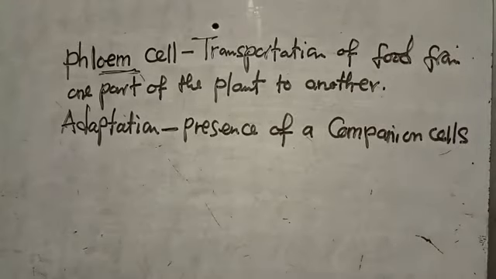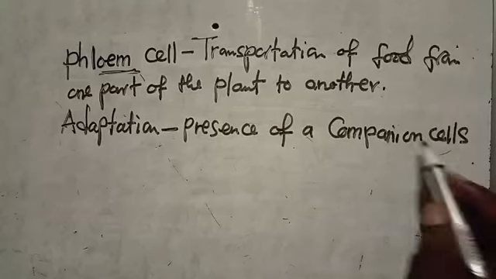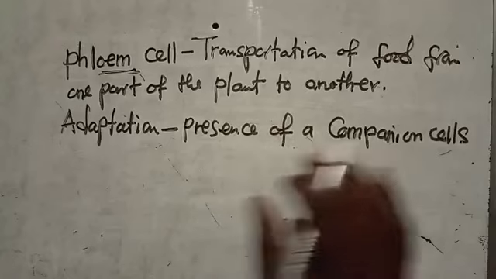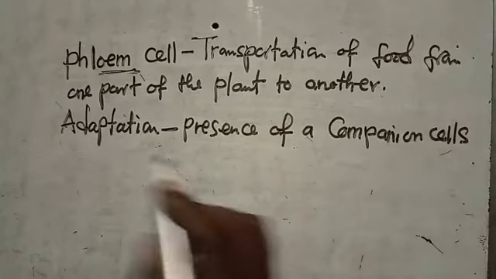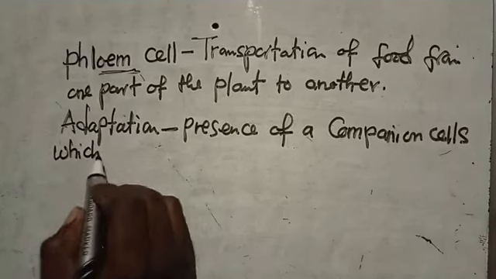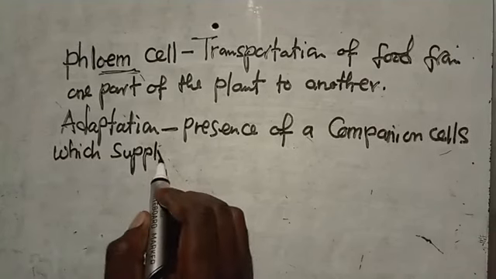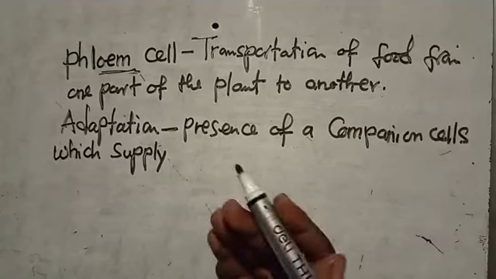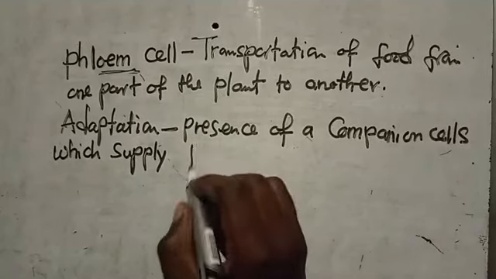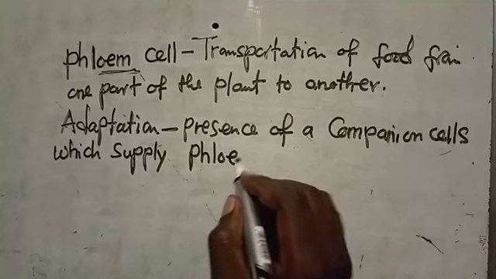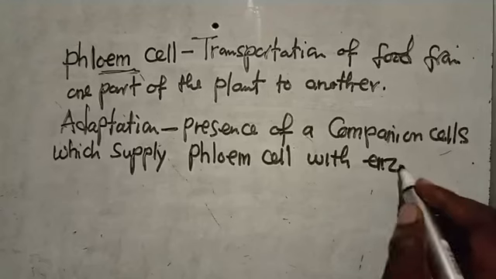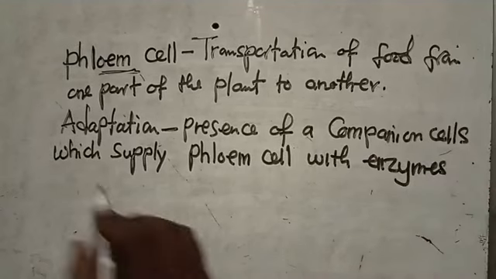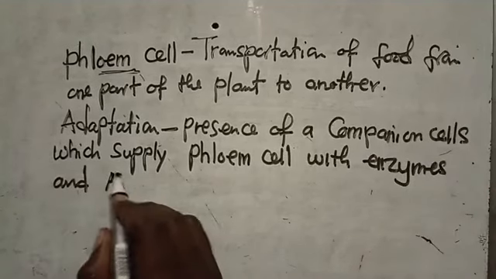Companion cells supply the phloem cells with enzymes and ATP.